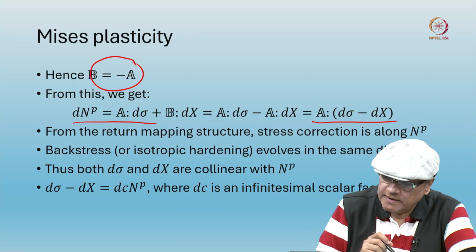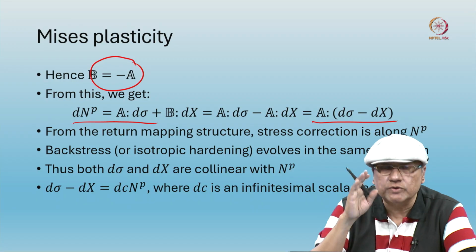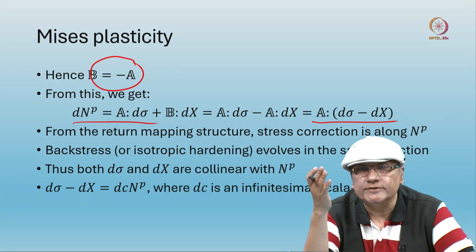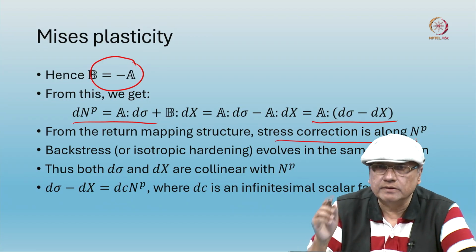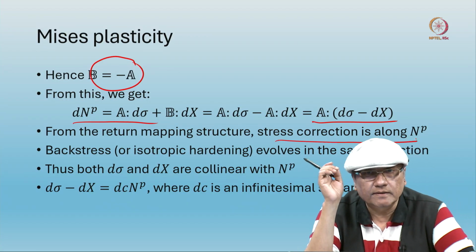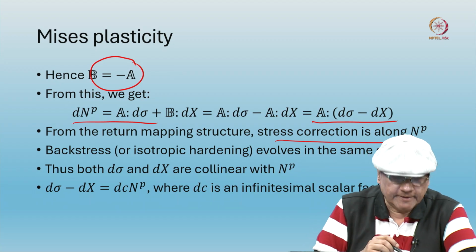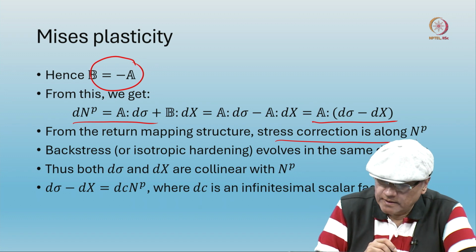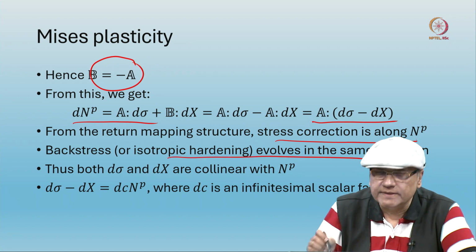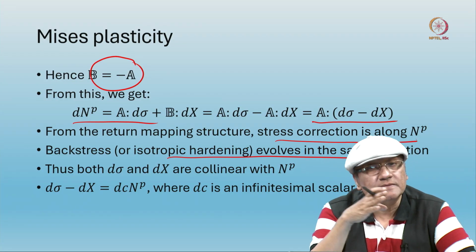Now recall that in this associative plasticity the normality rule holds, and this stress correction is along the flow direction NP. So the stress correction is all along NP, and the back stress evolves in the same direction, because we saw that del f by del x is minus NP.